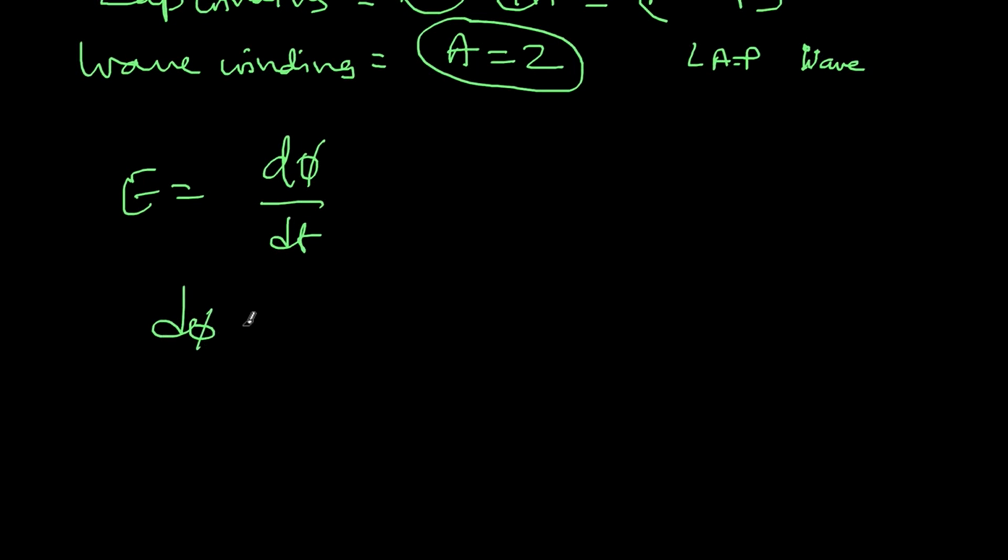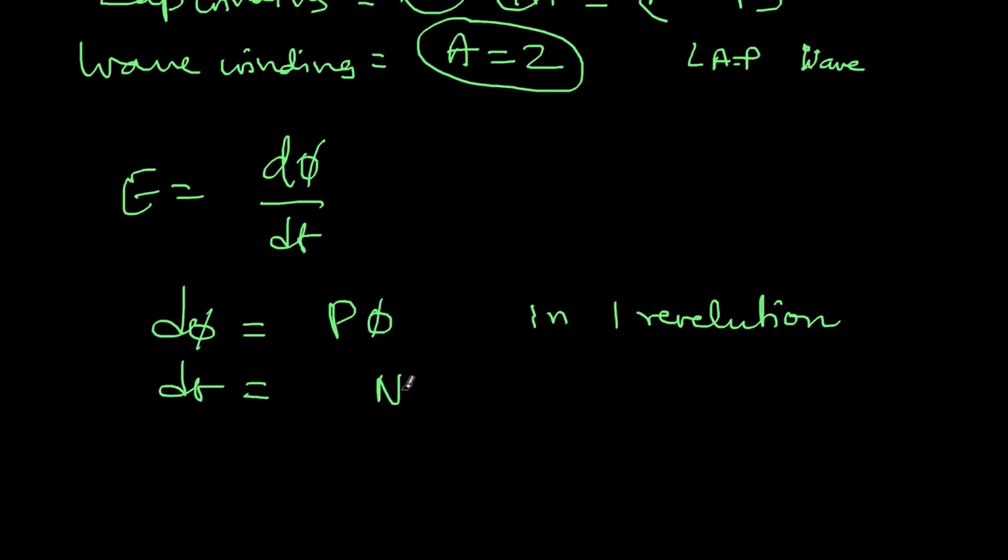So what is d phi? That is nothing but P phi in 1 revolution. Flux per pole multiplied by the number of poles will be the total flux being cut by one conductor. Alright, what is dt? Now you see, n revolutions per minute, so dt is the time for 1 revolution.